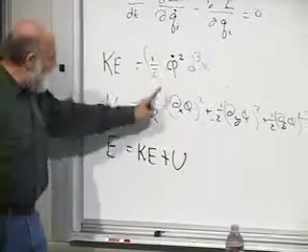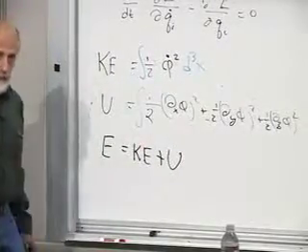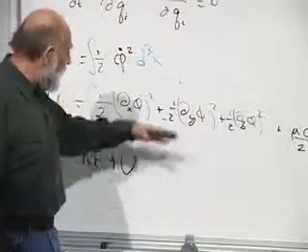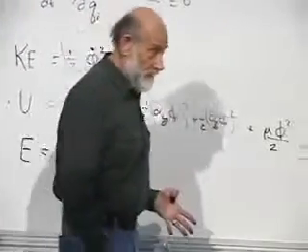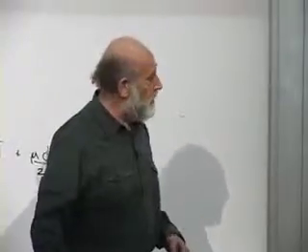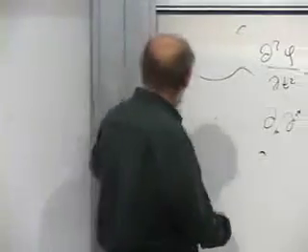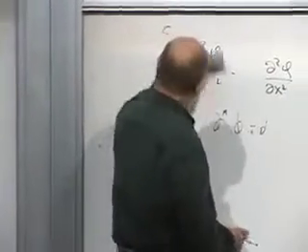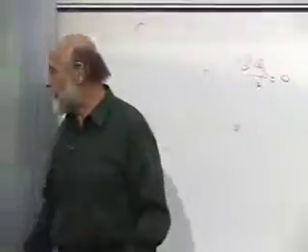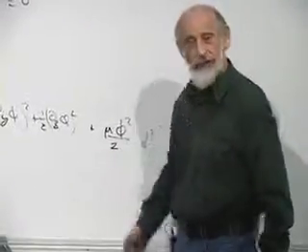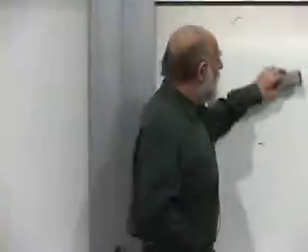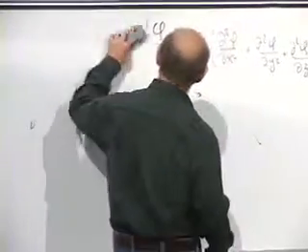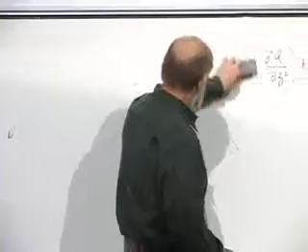Phi dot squared plus the gradient of phi squared plus mu phi squared. Notice that in the energy in this form, all of the terms are positive. All the terms are positive, kinetic energy, potential energy, and even the term coming from the mu phi squared are all positive. Of course, there's nothing that prevents me from putting this in with a negative sign, but I didn't on purpose. So the energy typically has some kind of positivity associated with it.